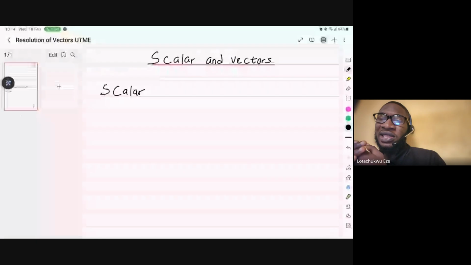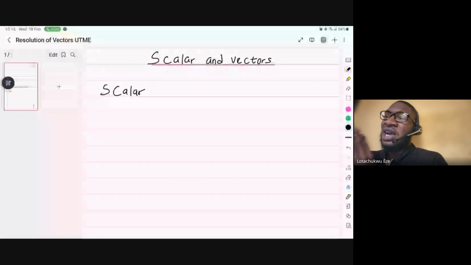But I will tell the man I want to drive at 60 km per hour without telling the man where I'm going. That is scalar. You're telling the man the magnitude, the intensity at which he should move. Do you understand? But once you put your direction, okay, I want you to travel at 60 km per hour to Lagos, now you've given that person a perspective in terms of the direction to know that yes, I'm moving to so and so place. I've given that person your direction.